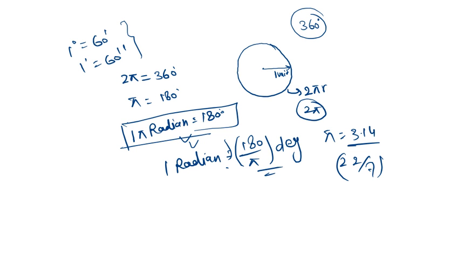Okay, now we will see how angles vary from one form to another. Like in coordinate geometry, we have two perpendicular axes. This is called Cartesian. Let's suppose this is the initial side and this is the terminal side.